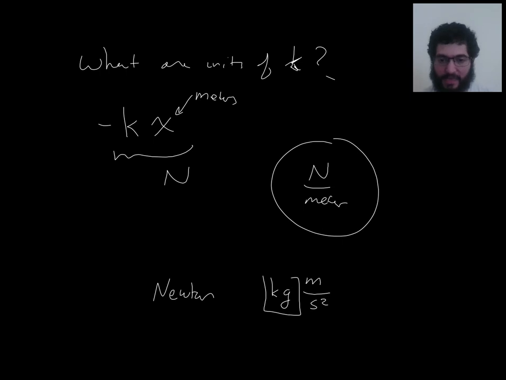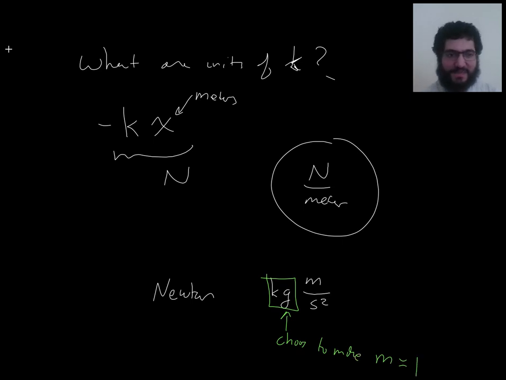It's a unit of mass times a unit of distance divided by your time units twice. We can choose the units of mass so as to make the mass of the object at the end of the spring be 1. And by the way, don't confuse those m's. This m is meters, not mass.